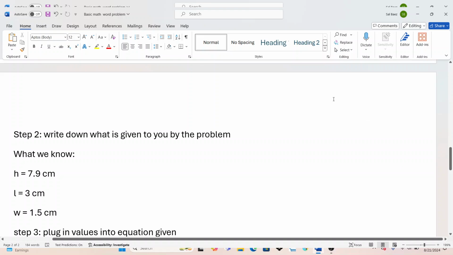And so we write down what's given to us from the problem. We know the height is 7.9 centimeters, the length is 3 centimeters, and the width is 1.5 centimeters. When I do these kinds of problems, I make sure I include the units.